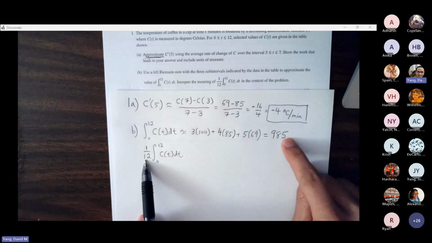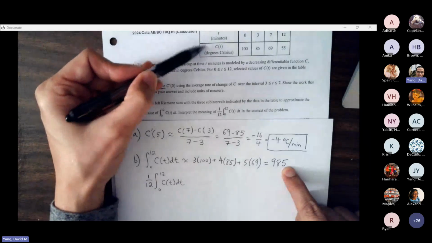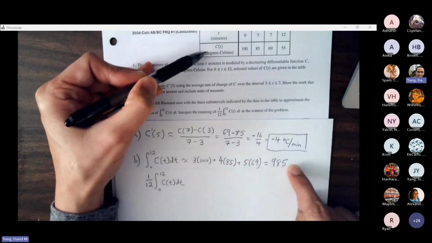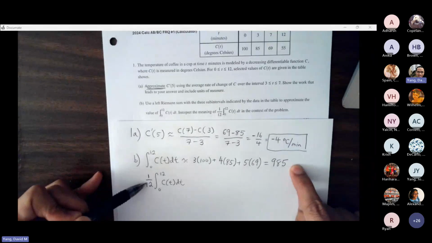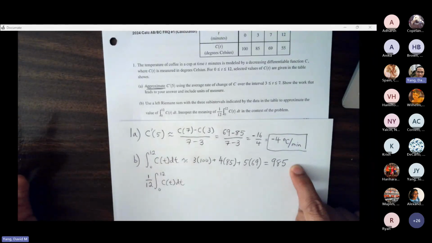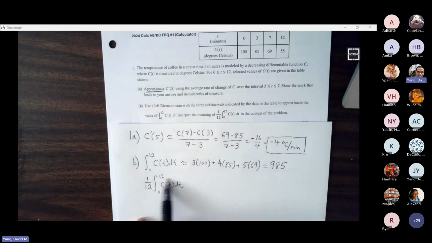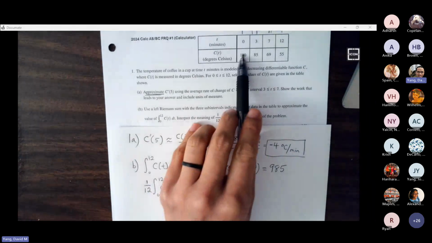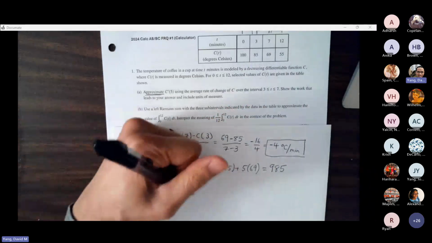So this 985 is actually degrees times minutes. But if we take degrees times minutes and divide by minutes, we're back down to degrees Celsius. So this will tell us the average temperature after we added all this up and divided it by 12.